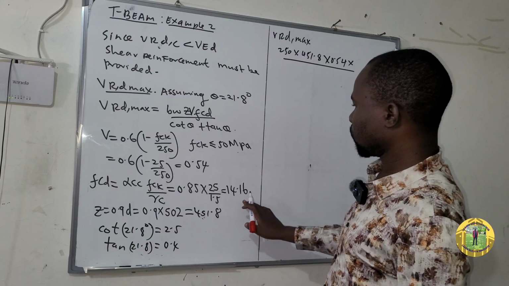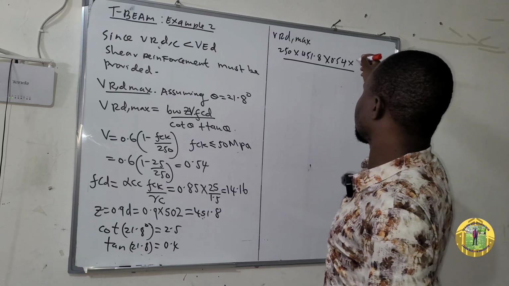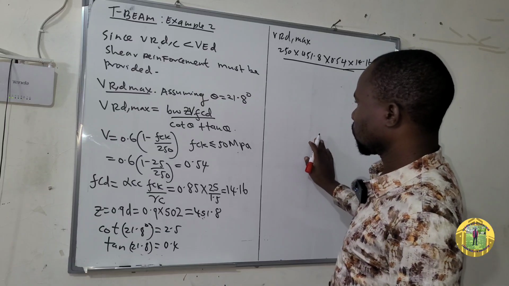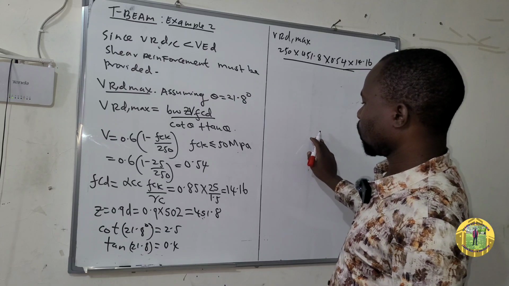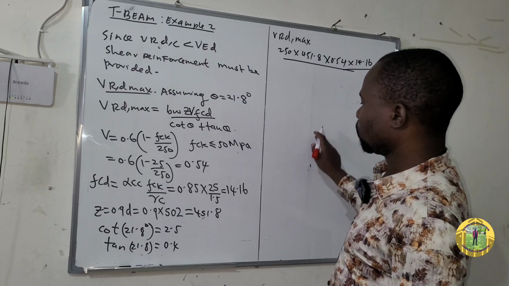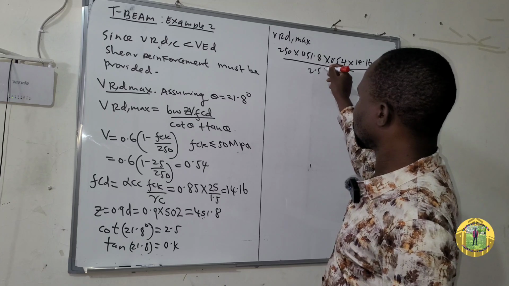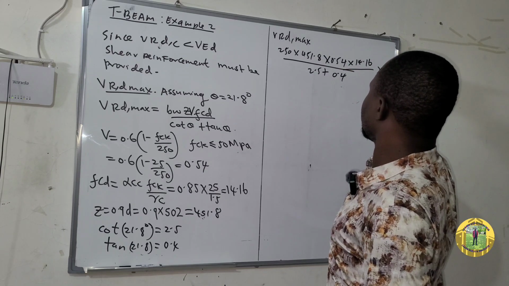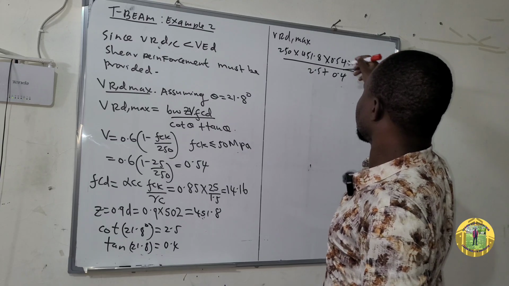FCD is 14.16 all over 2.5 plus 0.4. Remember to multiply everything by 10 to the power of -3 so that you can have your answer in kilonewton.